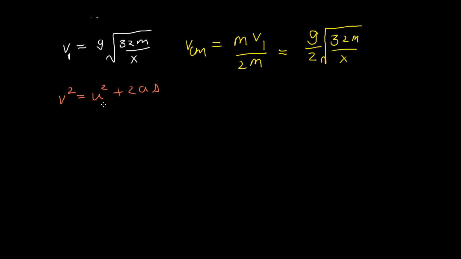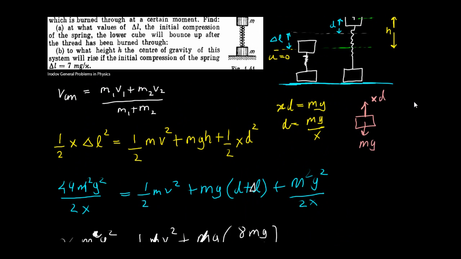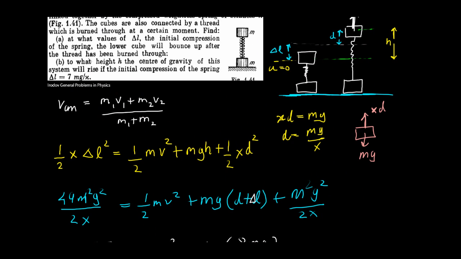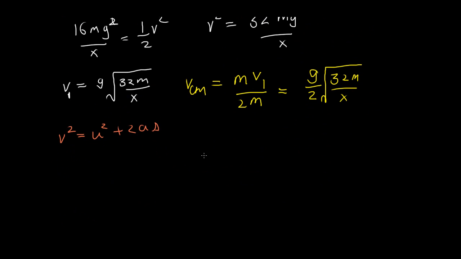Here v is the final velocity, which is 0. Just read the question: to what height h does the center of gravity rise? When it rises to the maximum height, its velocity will be 0, right? So 0 equals the initial velocity, which is the center of mass's velocity, and we have to square that.